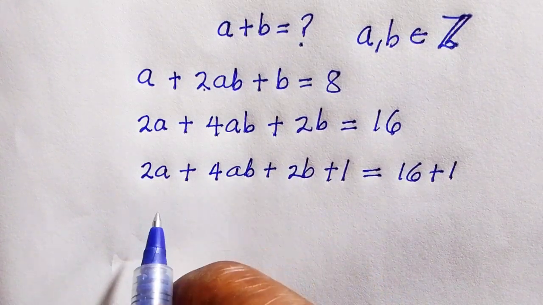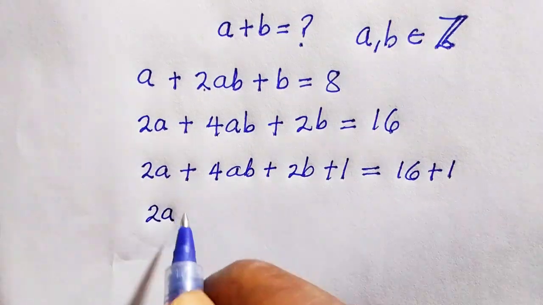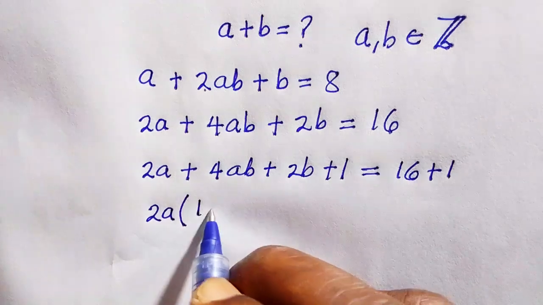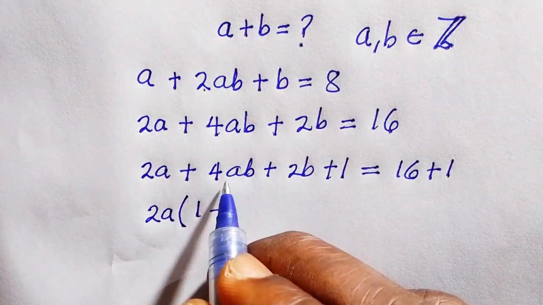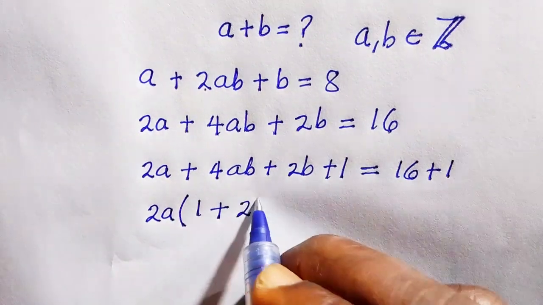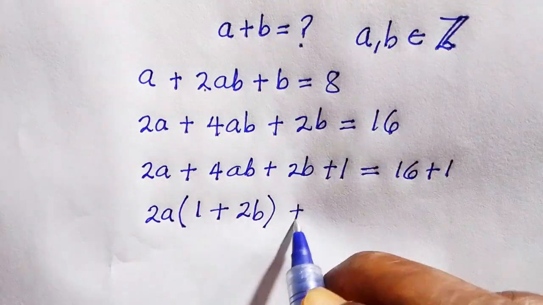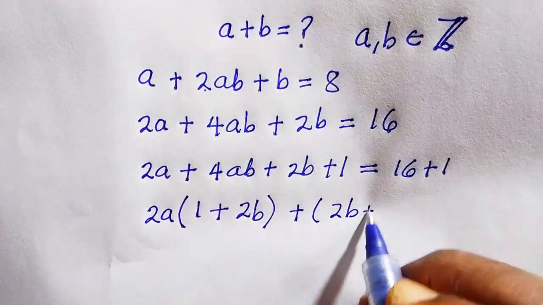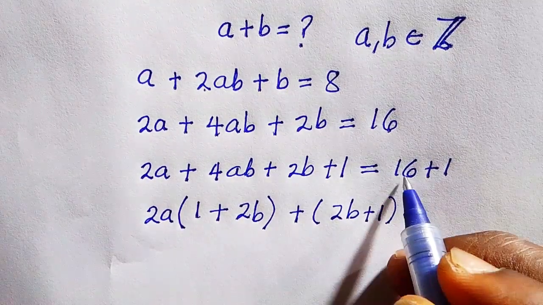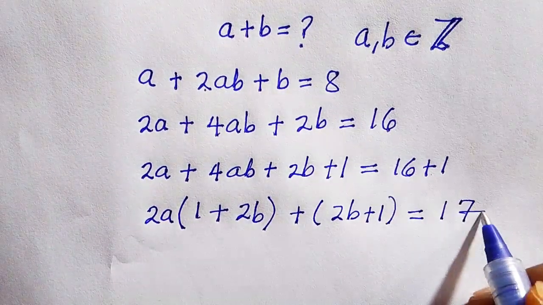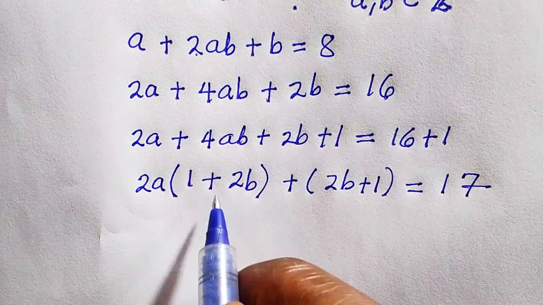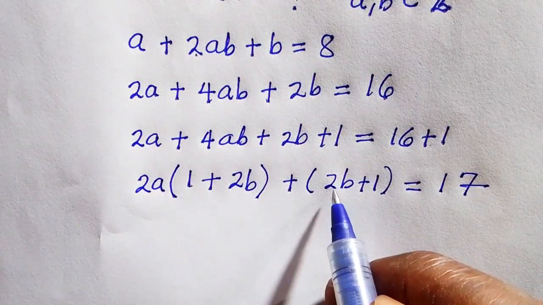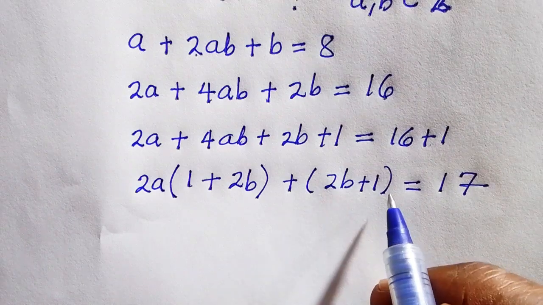By taking out 2a from here, we get 2a into bracket of 1 plus 2b, plus 2b plus 1 equals 16 plus 1, that is 17. So we have to note something here, that here is 1 plus 2b and here is 2b plus 1.